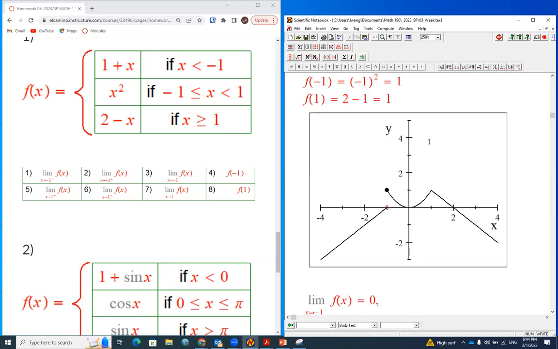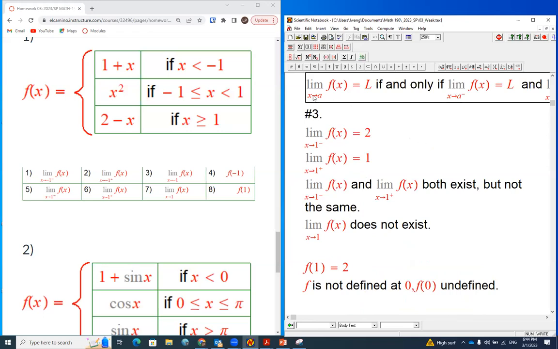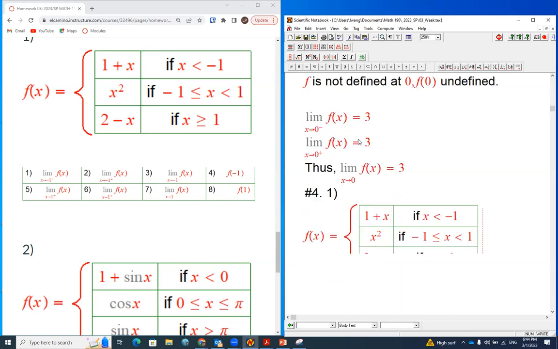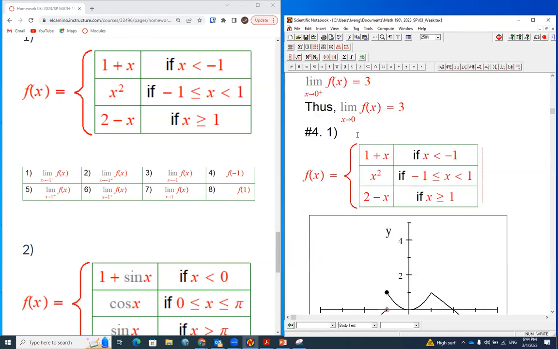Which statement? This is the statement I'm talking about. We're using that statement to illustrate whether the limit exists or does not exist. I hope that helps.